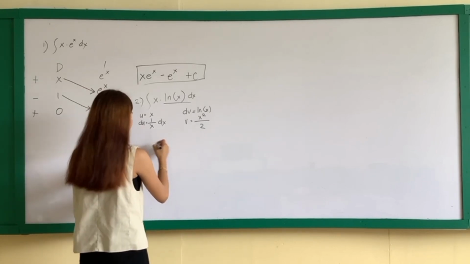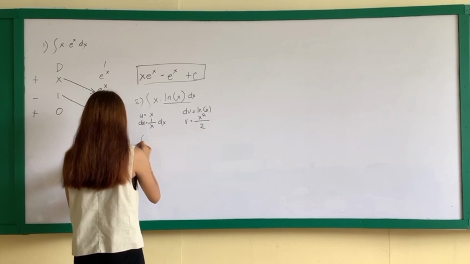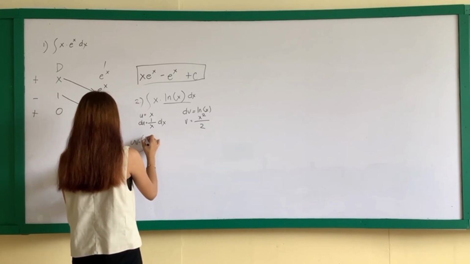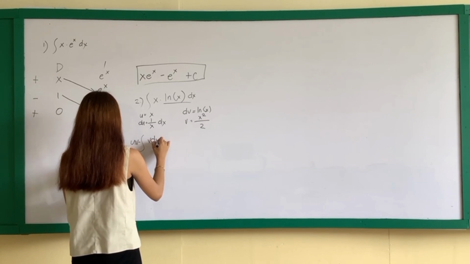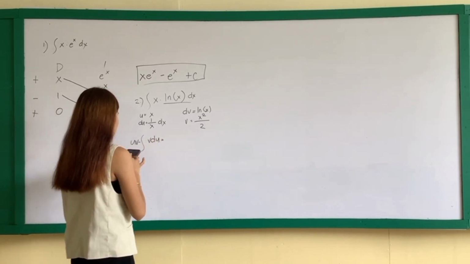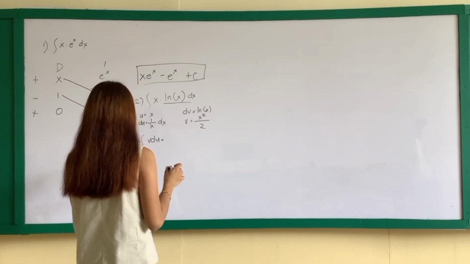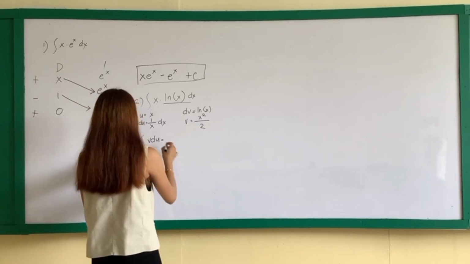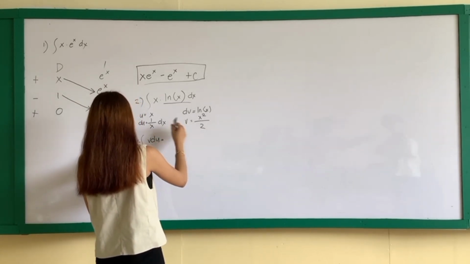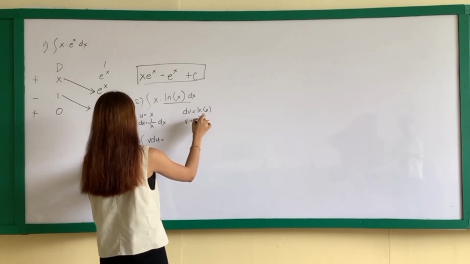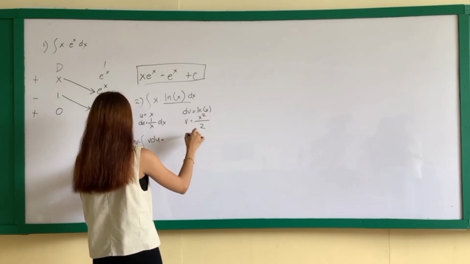And our formula is uv minus the integral of v du. So let's substitute each variable. So our u here is ln x and our v is x squared over 2.